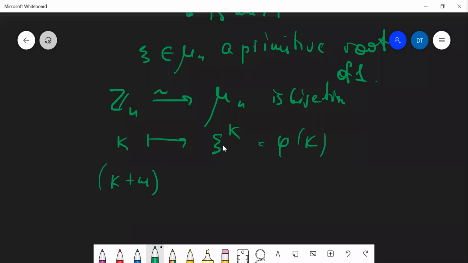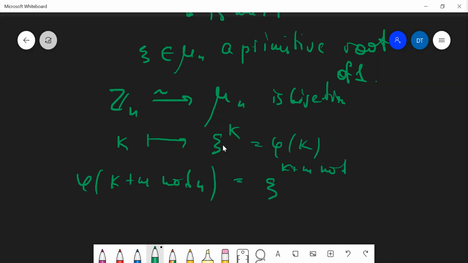And you take phi of k plus m, this is exactly the same as psi to the power of k plus m. Oh, I'm sorry, here you should take k plus m modulo n. This is the operation. And this is phi of k. So if you take this thing, it goes to psi to the power of k plus m modulo n.